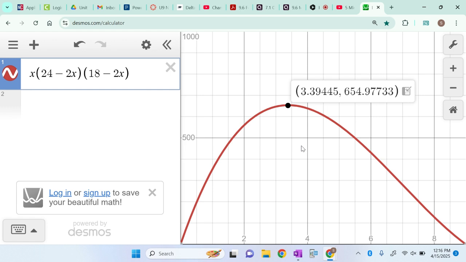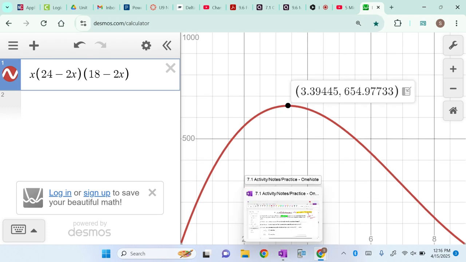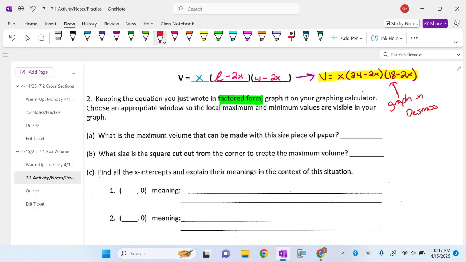If we round to the nearest tenth, one decimal place, what would my point be? So 3.4 and I would just say 655 because it rounds down.